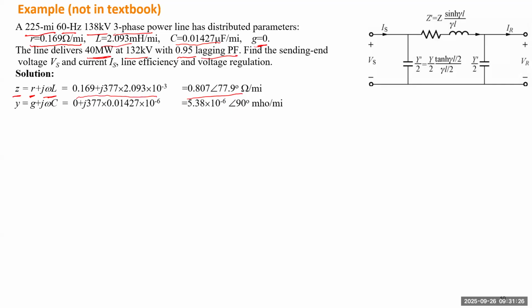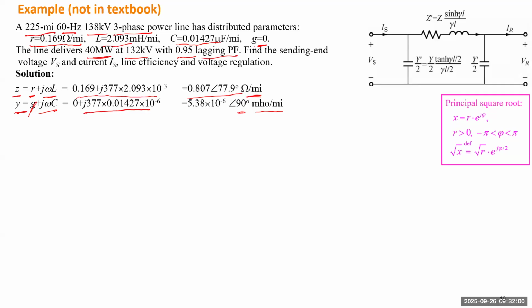The unit of Z is ohm per mile. Y has real part G and imaginary part j omega C. Because the real part is 0, it doesn't have a G, so it becomes a purely imaginary number. That's why the angle is 90 degrees, and the unit is mho per mile, just 1/ohm.